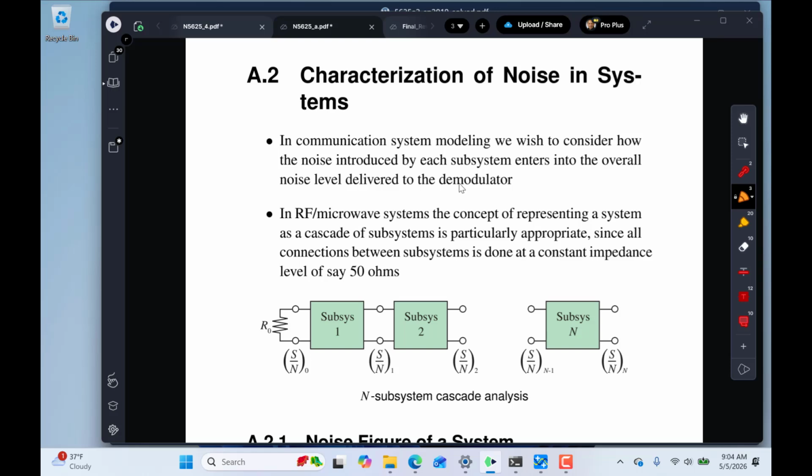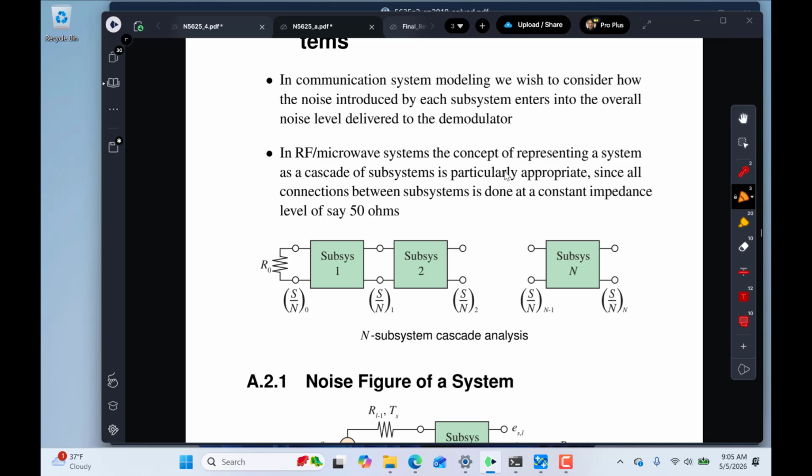But just thinking now in terms of the lab bench in front of you, you've got a source from a generator, let's say R0, and we have a signal to noise ratio at that point, and then we have subsystem 1, subsystem 2, subsystem N. What do you think is going to happen as you move down from one subsystem to the next?